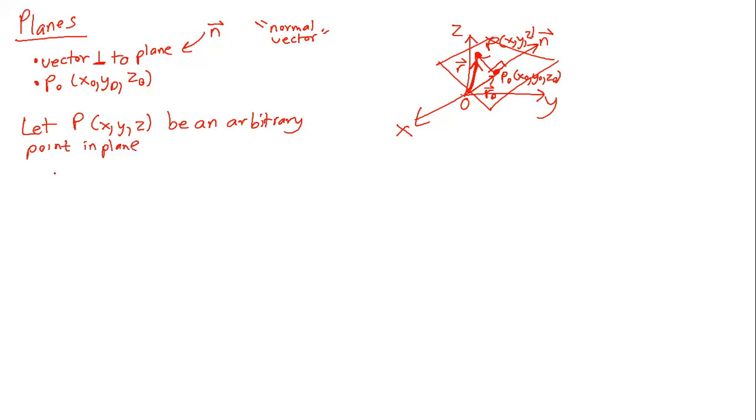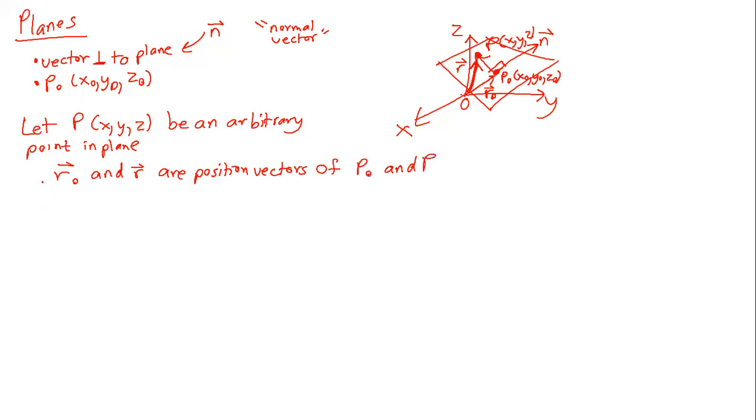And then we're also going to have that R0 and R are position vectors of the 2 points on the plane, P0 and P, which we have on our figure over here.